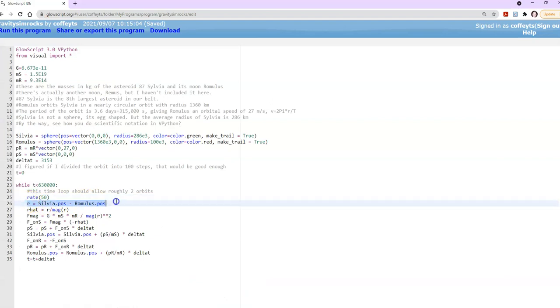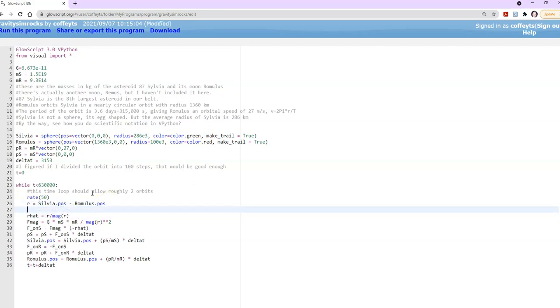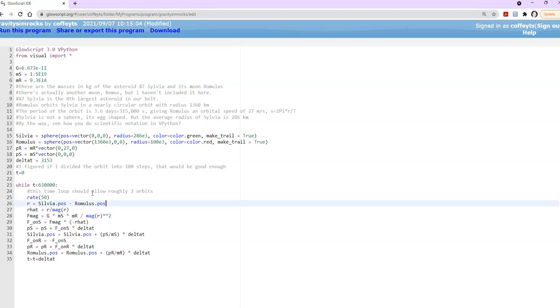So here's R. R is Sylvia.pos minus Romulus.pos. So that's the position vector there, right? R final minus R initial, basically, or R2 minus R1. Next, I'm going to calculate my... well, I can put that in here. Well, no, I won't. Okay, so here is my unit vector.